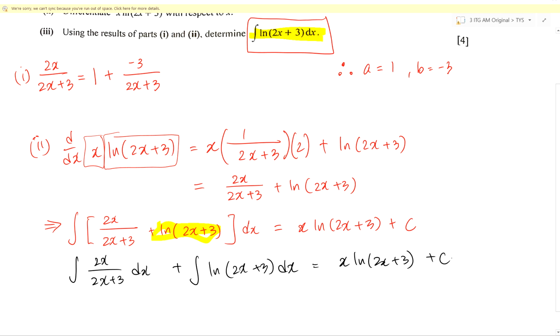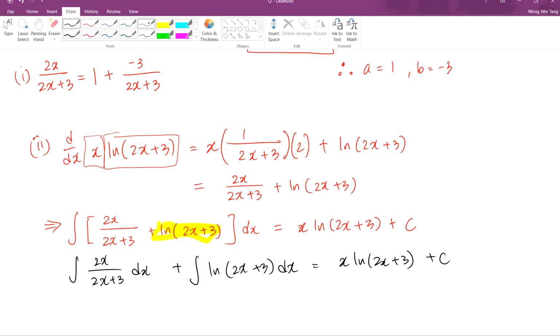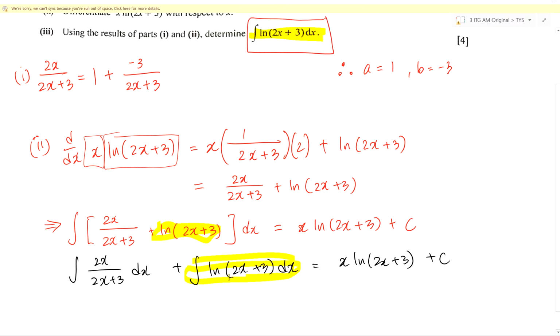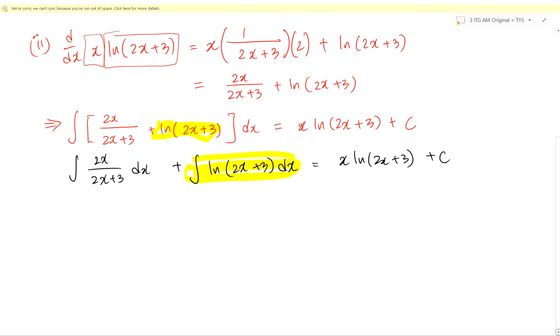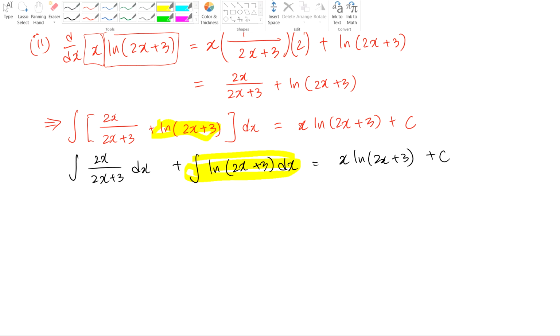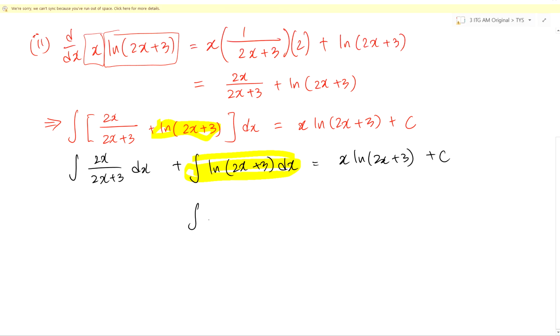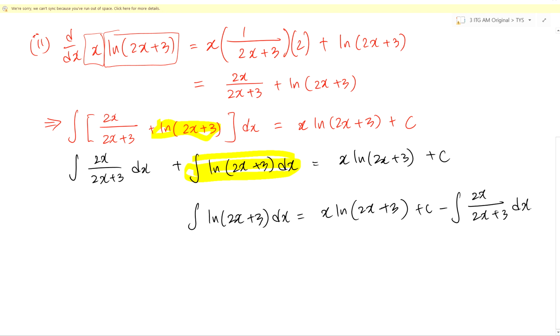They only want this, so make this the subject. The integral of ln(2x plus 3) dx is x ln(2x plus 3) plus c, minus the integral of 2x over 2x plus 3 with respect to x.